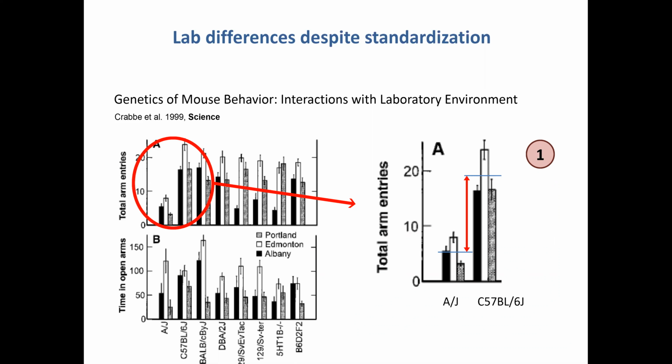If you have this 5HT strain and the black 6 strain, the C57 black 6, then you see that independent of the laboratory where the study was done, in all 3 cases, you see much more total arm entries in the black 6 strain than in the 5HT strain. So you have strain differences, which means basically genetic differences in the behavioral response of these animals.